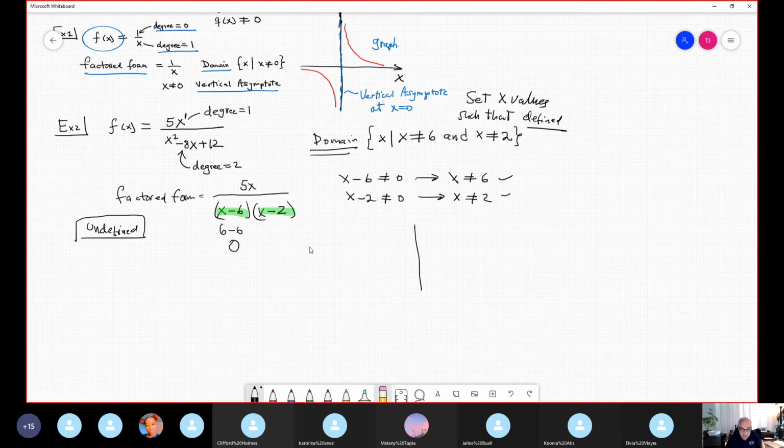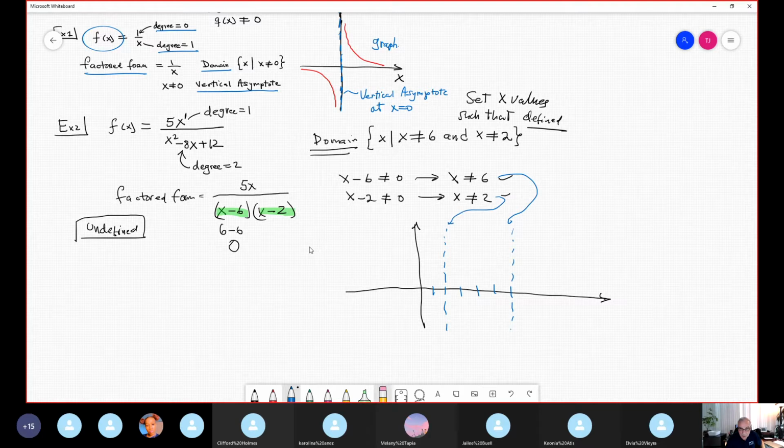In this case, I want to draw approximately, with no accuracy, the graph of the function. We have two vertical asymptotes, at 2 and 6. Suppose it is 1, 2, 3, 4, 5, 6. This is vertical asymptote 6.